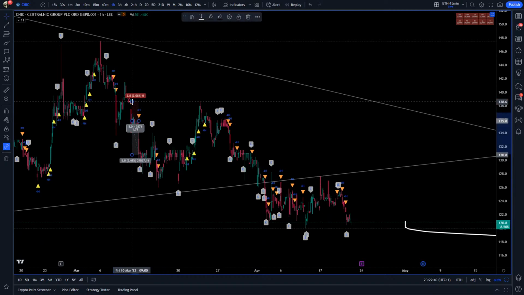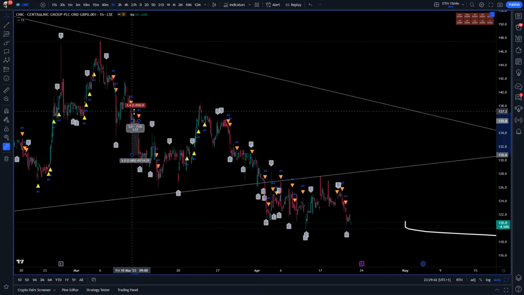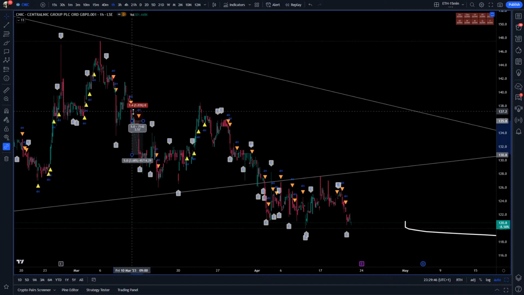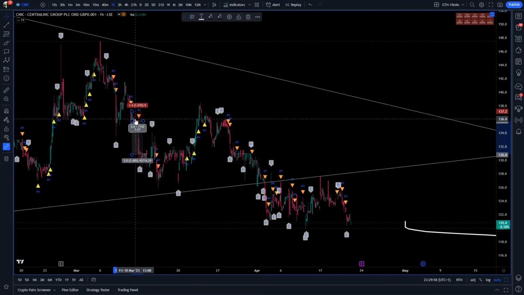So now we have an option. We have the option to put our stop loss above the candle where we enter the market, and when that candle is broken, when the price goes up above the candle, there's a break of structure, which means the market is going in the opposite direction of our entry.